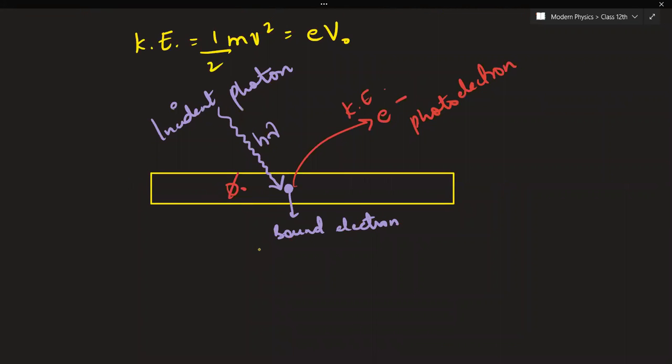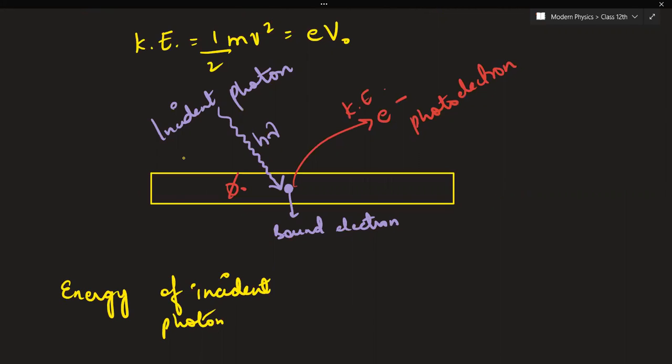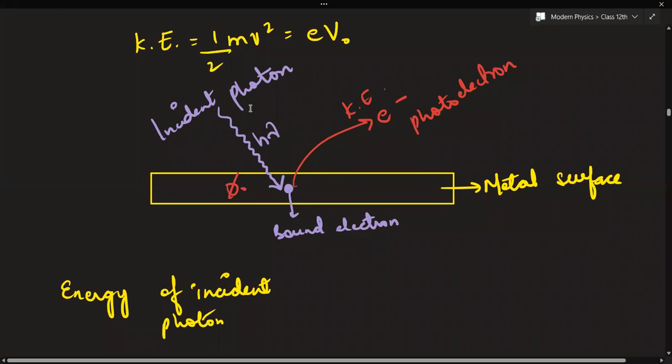So how will you say it? The total energy of the incident photon, this ray that is being incident on the metal surface. Consider this as a metal surface right now. So this is the incident photon.